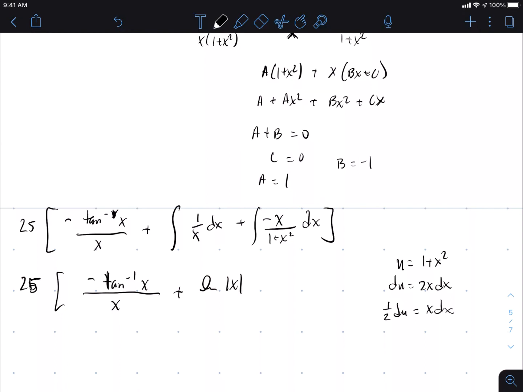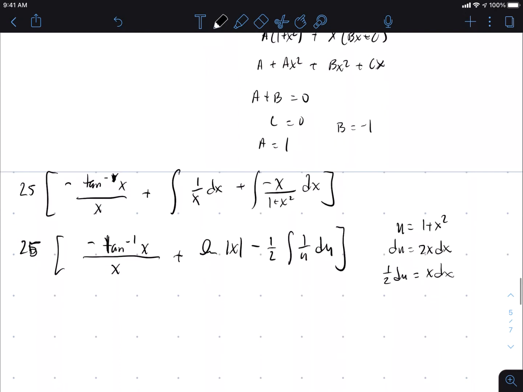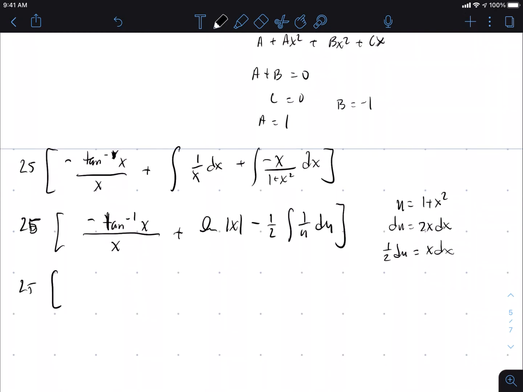Mm-hmm. So I'm going to have a minus 1/2 the integral of 1 over u du. So 25 negative tan inverse of x over x plus ln absolute value of x minus 1/2 ln of 1 plus x squared. Correct? Correct.